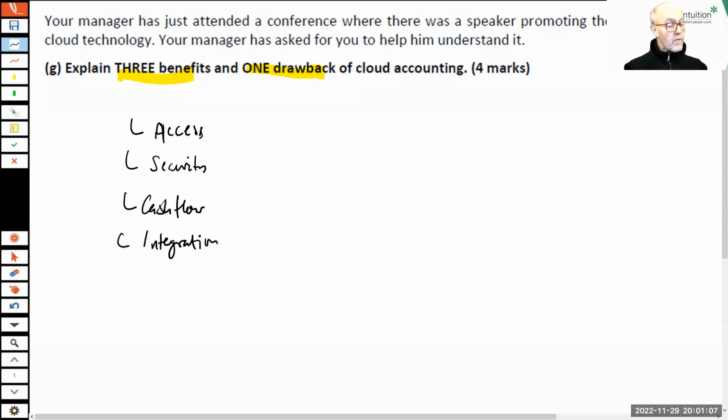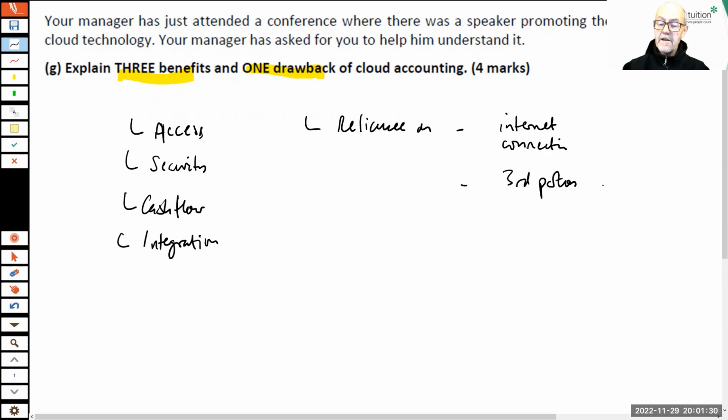What can we think of for drawbacks? What's not good? Reliance on what happened to us at the start of the session. Internet connection. Third parties. For development, if you've got your own software, you can have some input into the configuring of development.